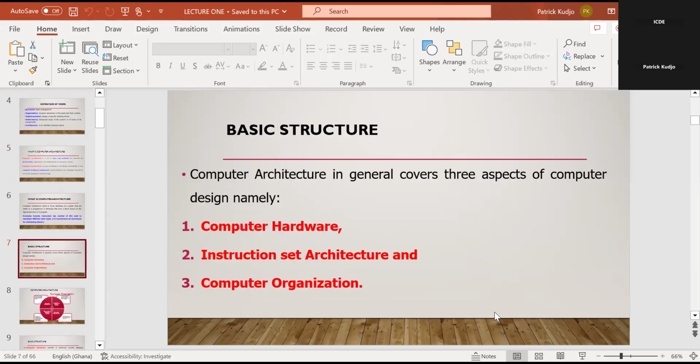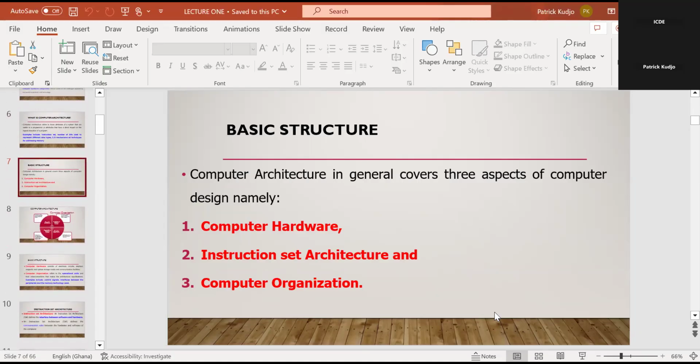So what is the basic structure? Computer architecture in general covers 3 aspects of the computer design. 1, the computer hardware. And that is what I explained just a few minutes ago.